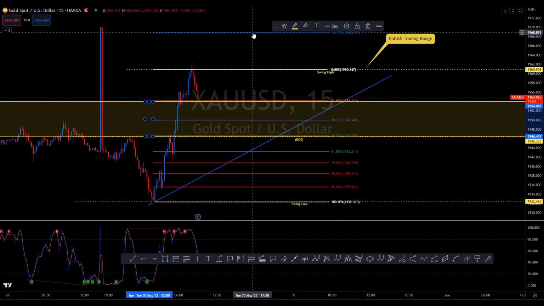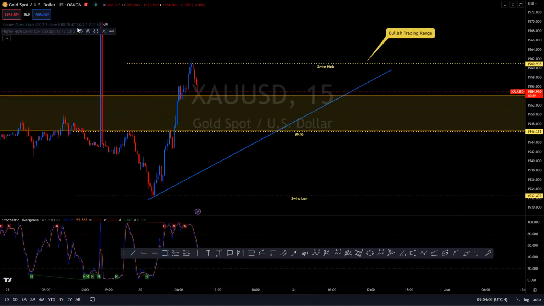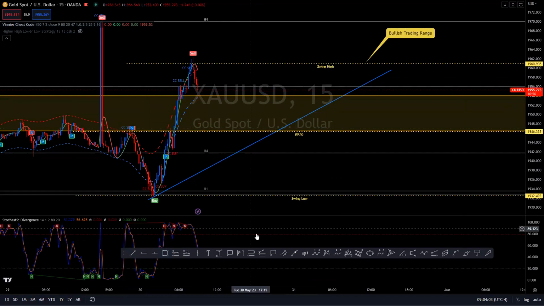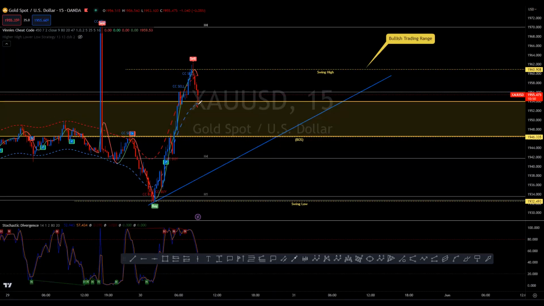So when I take the fib out, now I'm going to turn on the 2-point indicator. And we actually see that price is kind of sticking out of this Bollinger Band just a little bit. So there's a possibility that price could stick out and maybe buy up to this area. That's what I'm thinking in my mind at this moment.